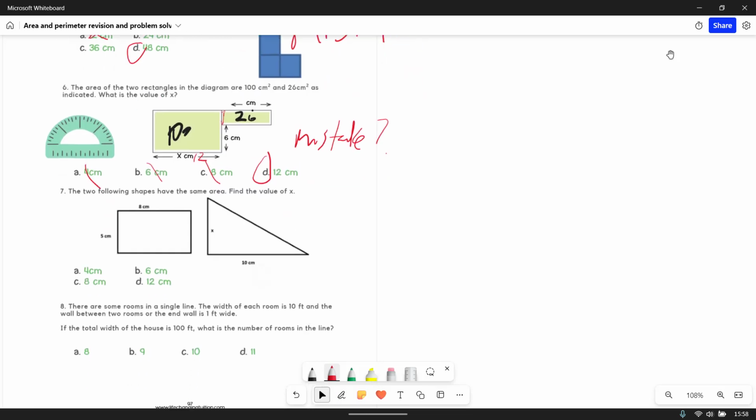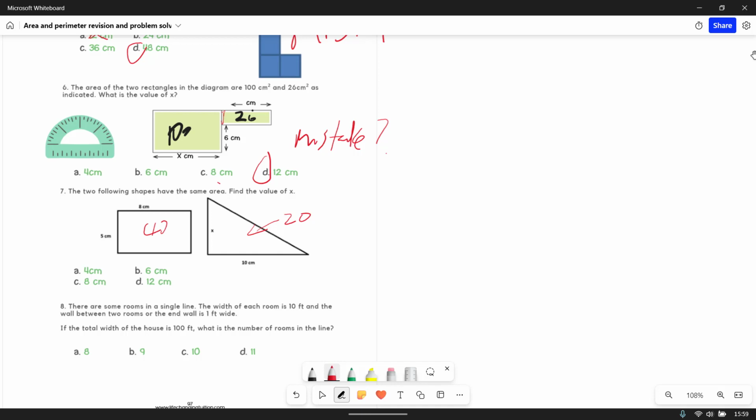Okay, we'll go through. Next. The following diagrams have the same area. Find the value of x. So 8 times 5 is 40. And 10 times what gives you, so we have to make this 20, because this is half of that.